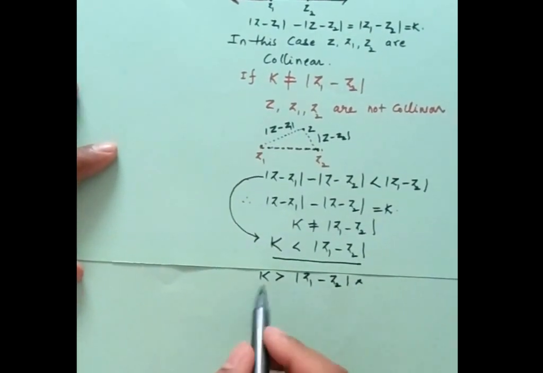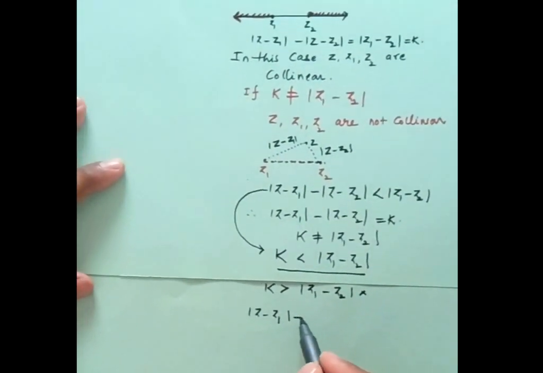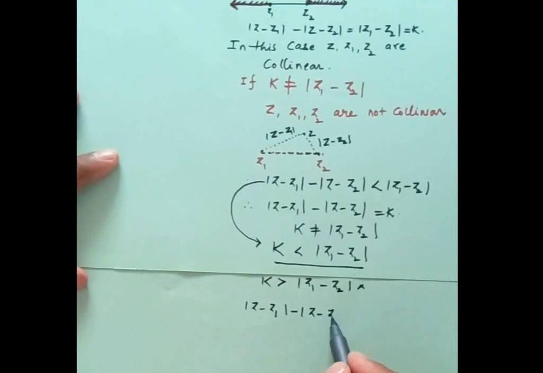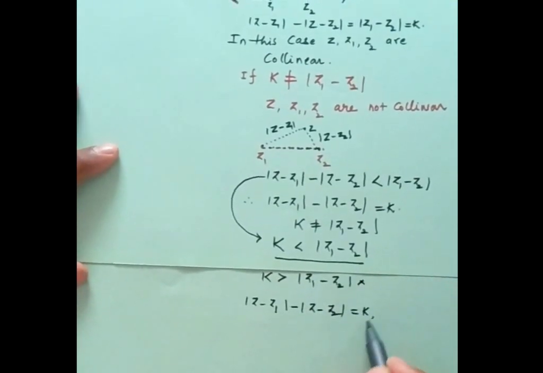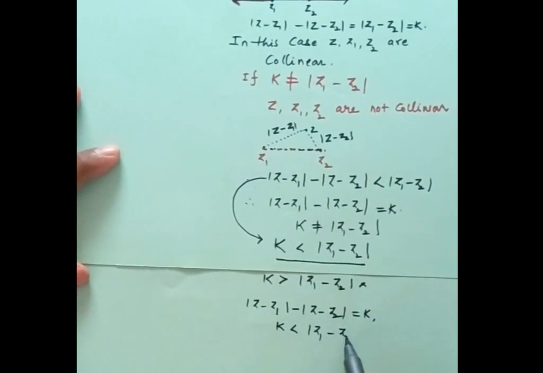Now again, modulus of z minus z1 minus modulus of z minus z2 equals k, with the condition k is less than modulus of z1 minus z2.